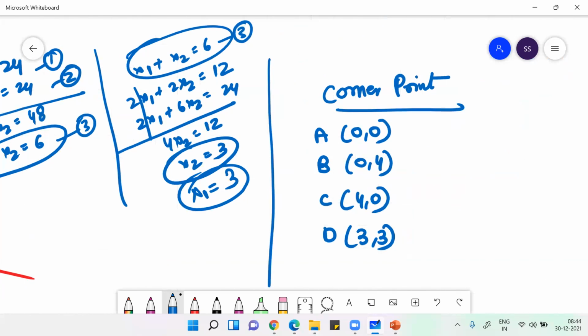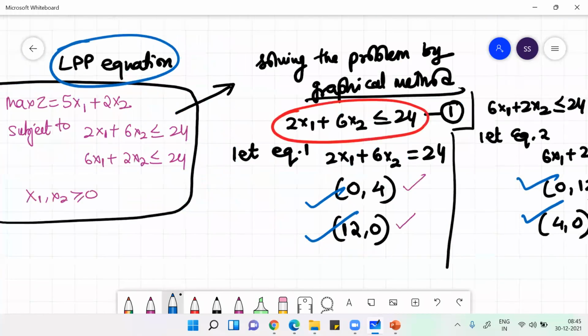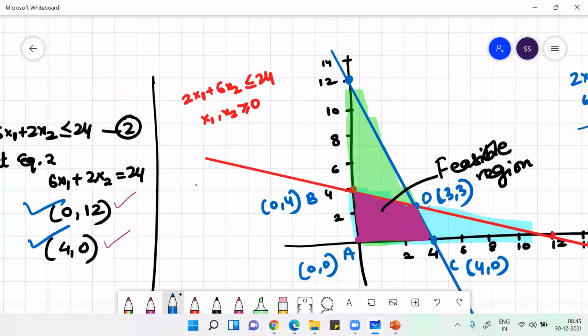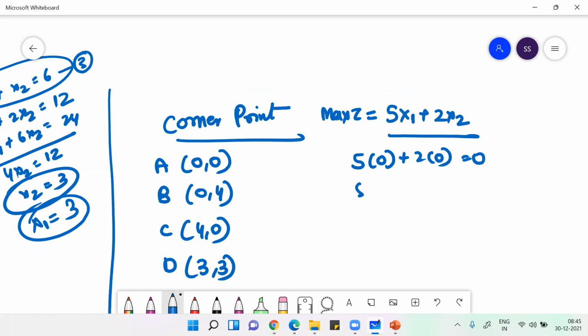What is your objective function? My objective function is maximize Z equal to 5x1 plus 2x2. I want to maximize this value, right? If I put A, 5 into 0 plus 2 into 0, I'll get 0. At B, 5 into 0 plus 2 into 4, I'll get 8.